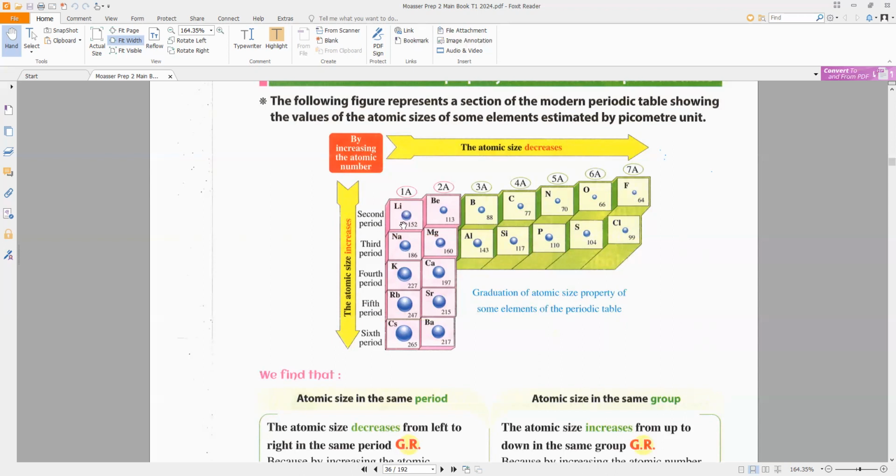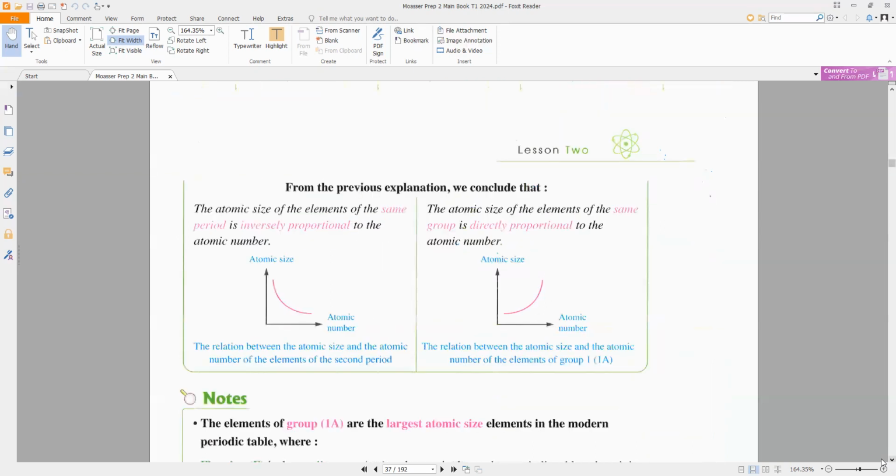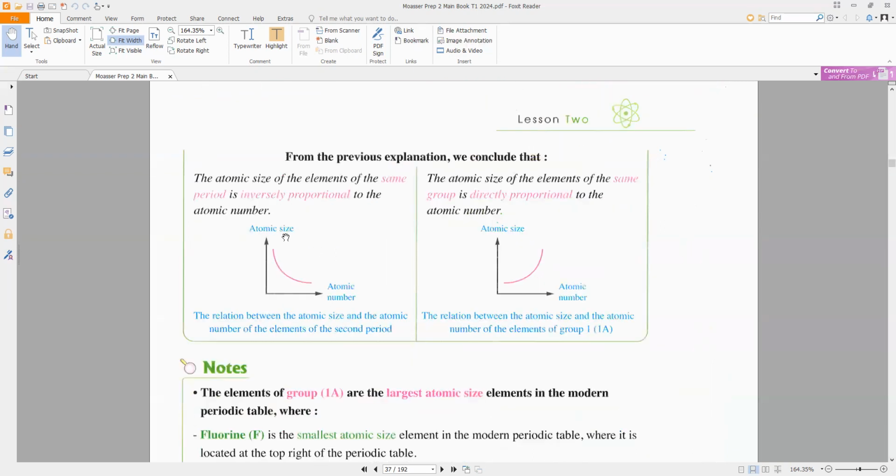In the same group, the atomic number increases, the number of energy levels increases, so the attraction force decreases and the size increases. Between the atomic number and the size in the same period, they are inversely proportional because one factor increases and the other decreases. In the same group, the two factors increase together, so it's directly proportional.